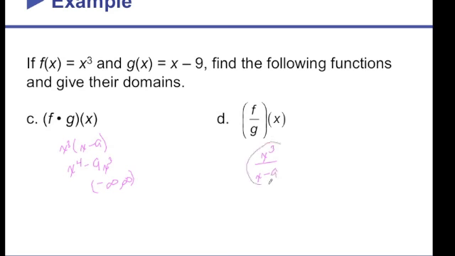So this becomes my answer, but for domain, we know that the denominator cannot equal 0, so x cannot equal 9, and then it's all real numbers except that. Written in interval notation as negative infinity to 9 parentheses union with 9 to infinity. This is how you write interval notation to just skip one number.